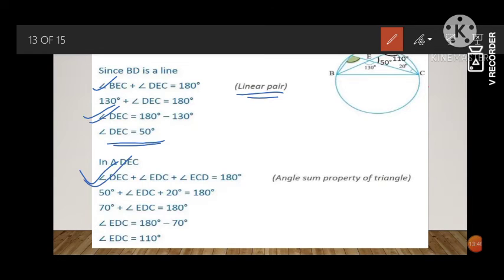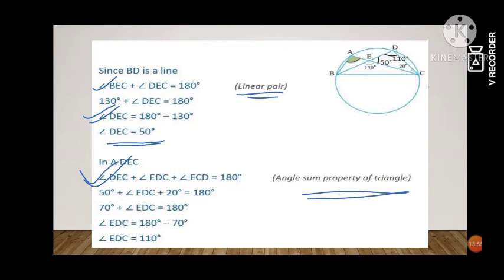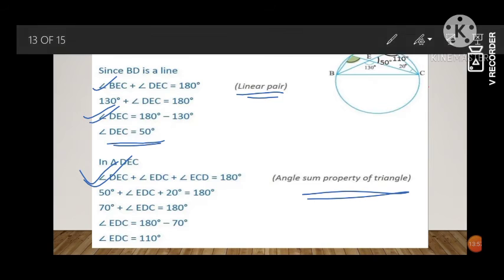So by the angle sum property of a triangle, we can get the angle EDC, that is the top angle. Substituting the values, we will get 180 minus 70, as we add 50 and 20 and get 70. So 180 minus 70 is 110. So the angle at D is 110.